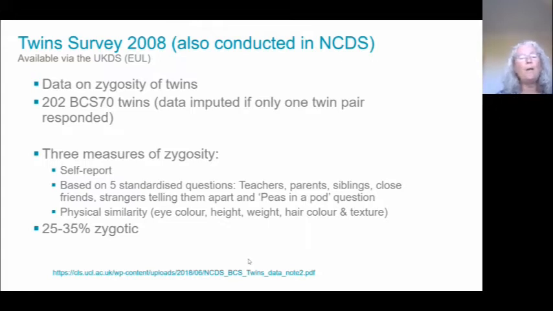So there was a self-report measure, there was a measure based on 5 standardised questions, asking whether others can tell the cohort member apart, and also on physical similarity. And of the 202 twins, depending on the measure, around 25 to 35% of the twins were deemed identical.